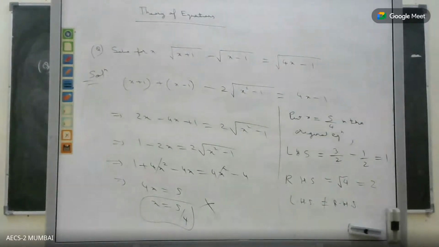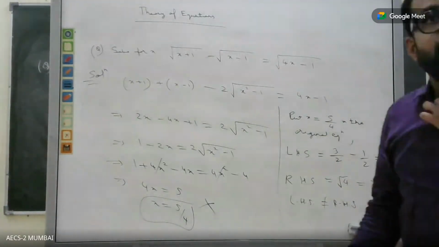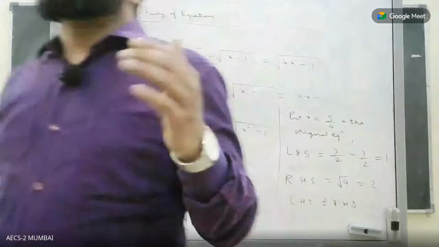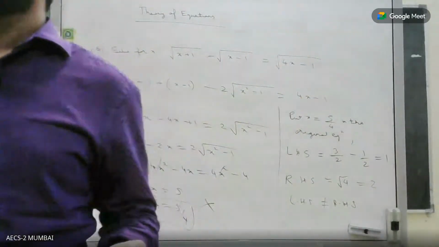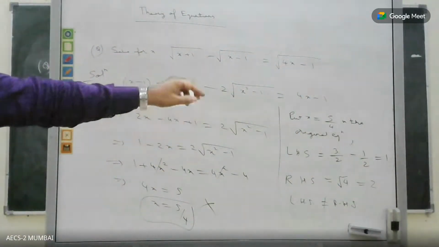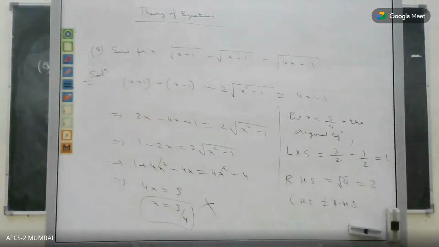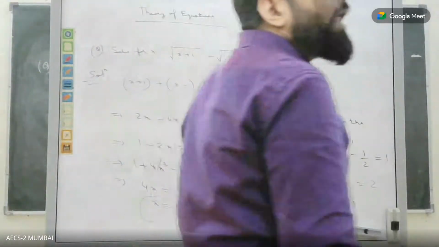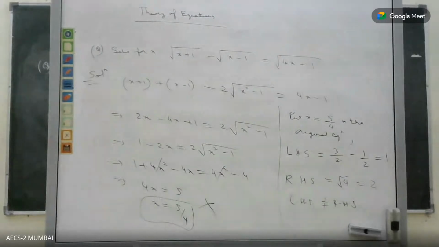Basically, when solving, we squared 2 times by isolating the surd, and we got a linear equation. We got the value of x as 5 by 4. But that value of x does not satisfy the original equation.